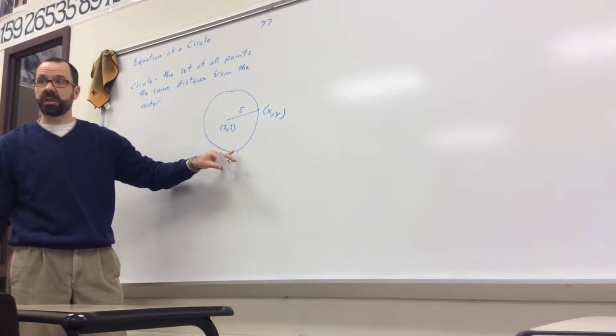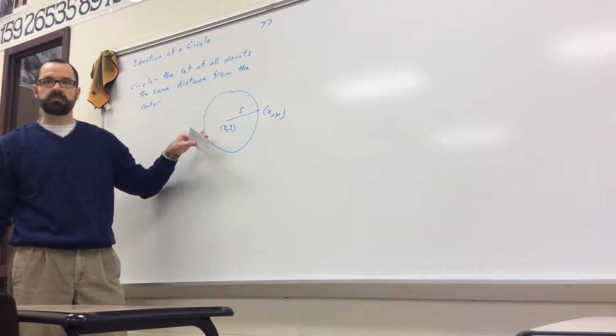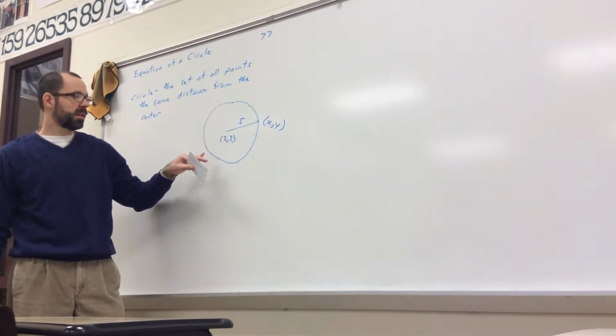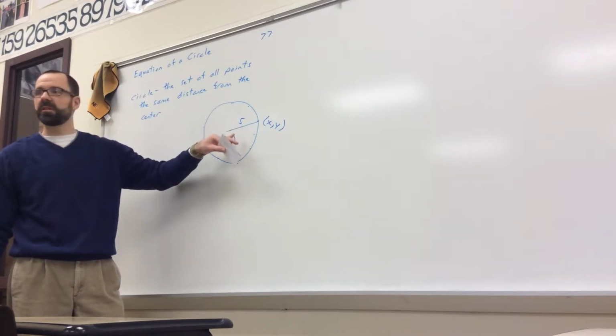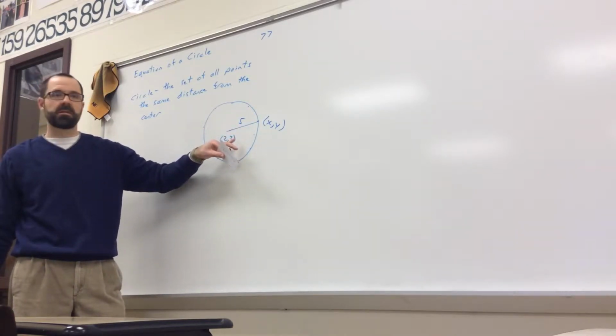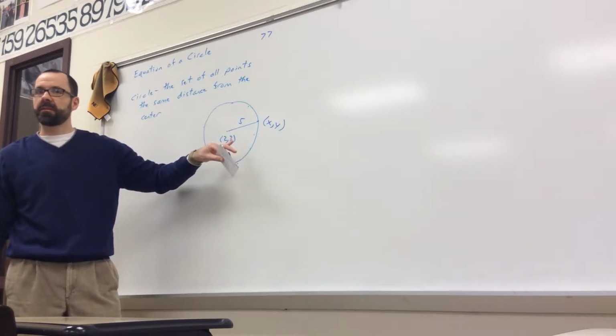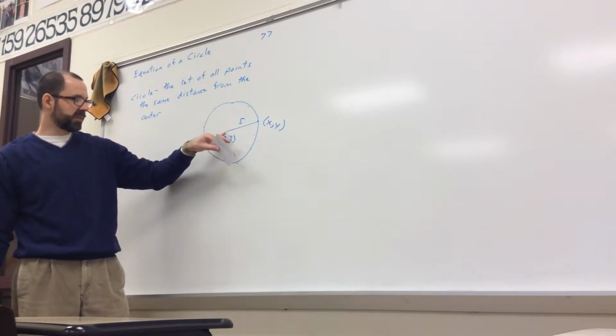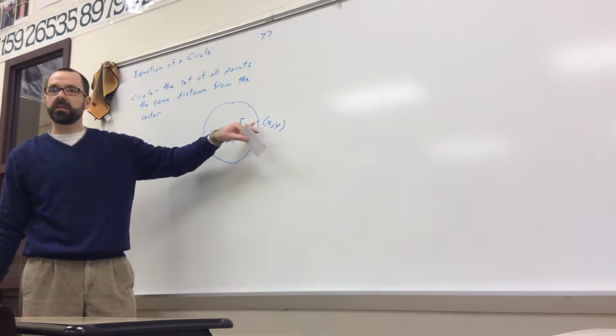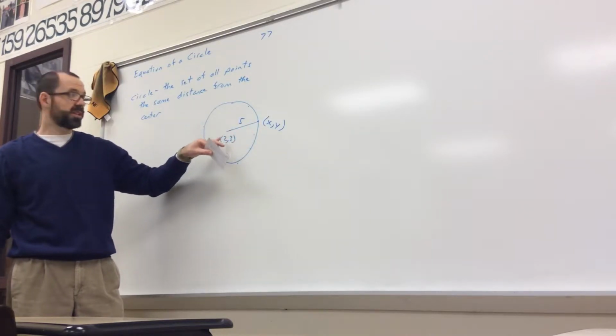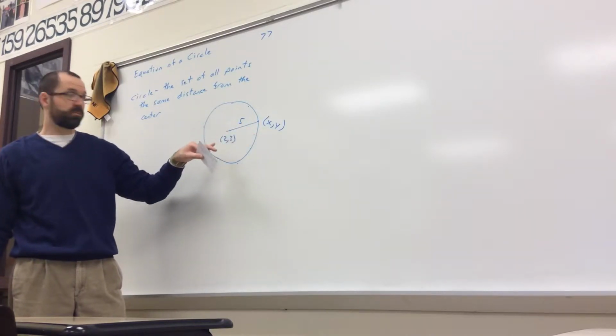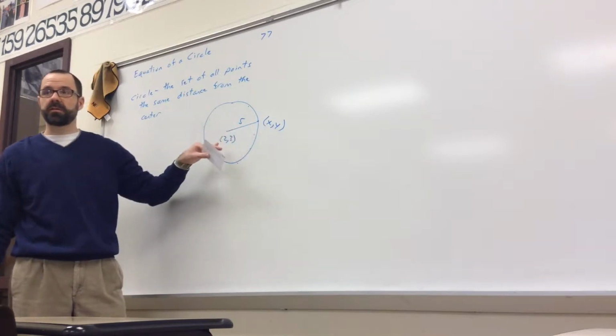This one could be called x, y. All right, now what is this 5? It's the radius, right? How far is it from here to here? 5 inches. So it's the distance between these points.